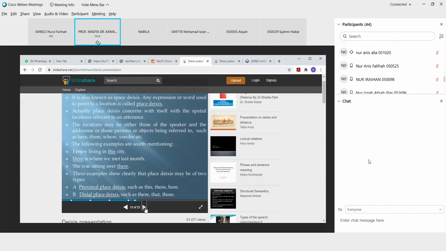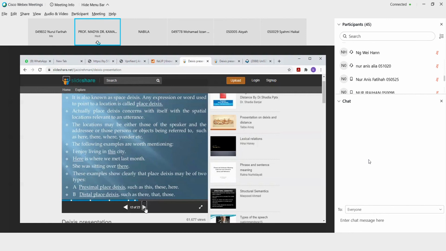In terms of place, we call it place deixis. The following example I was mentioning: "I enjoy living in this city." Be careful whether it is deictic or non-deictic. Here, it refers to the particular city, not other cities.